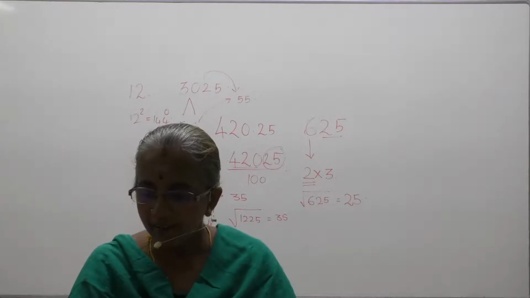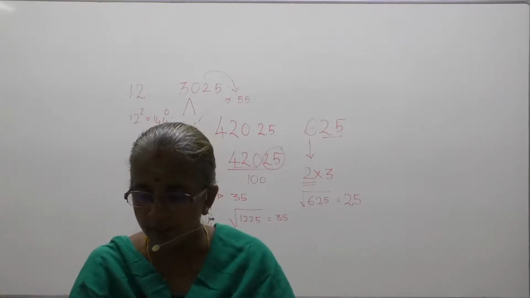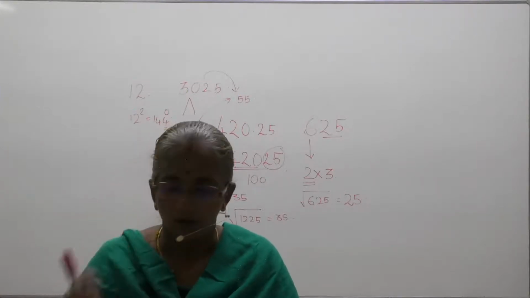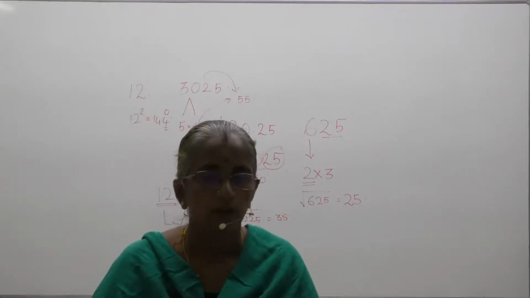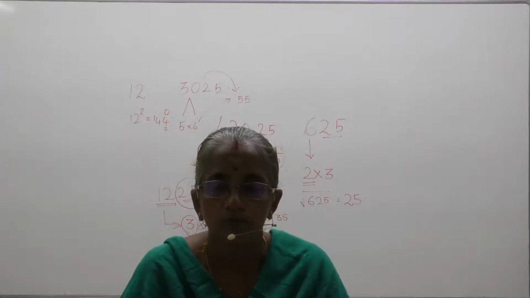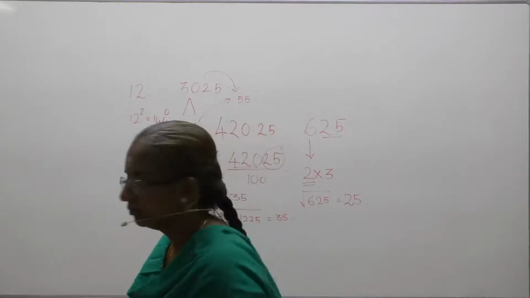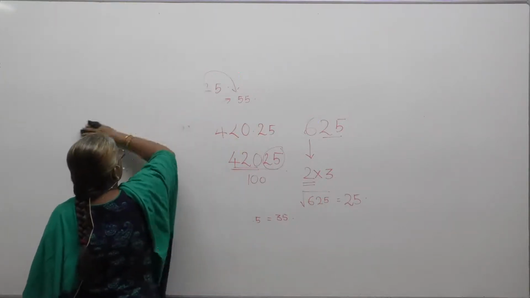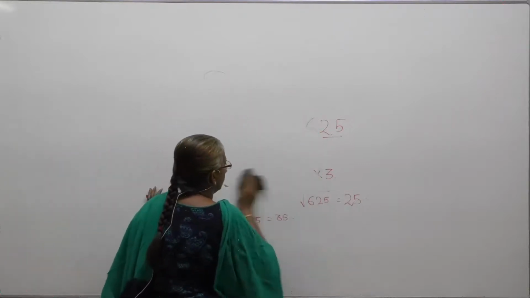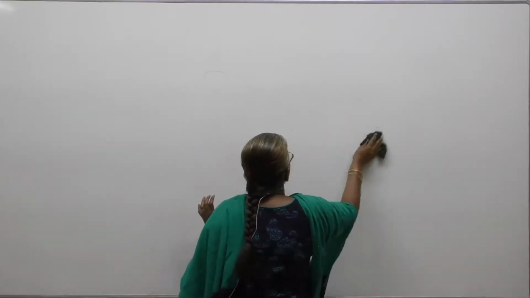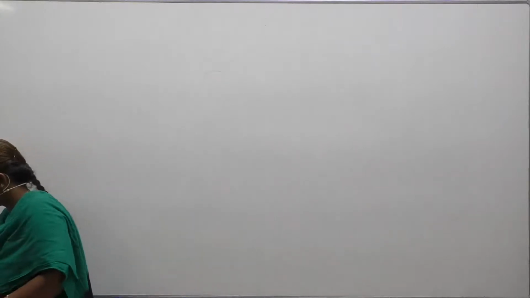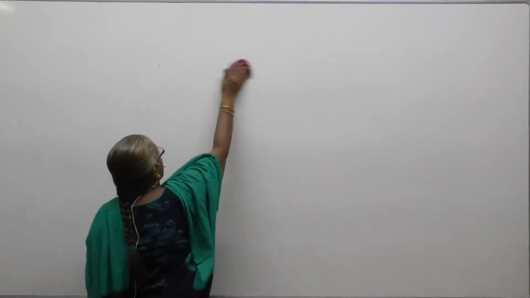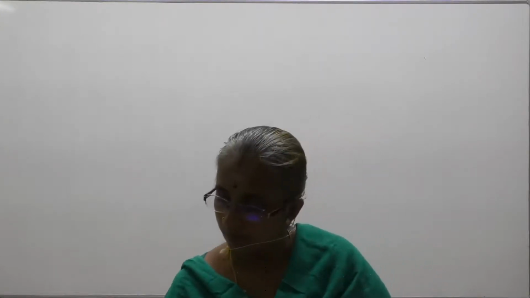Okay, the fourth one. Find the least number by which 12,150 is to be multiplied to get a perfect square. Did you all do problem 4? Okay.